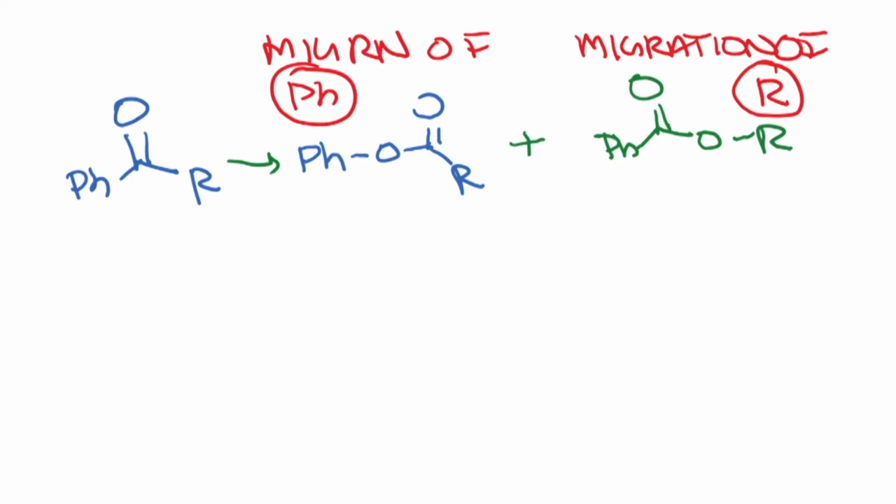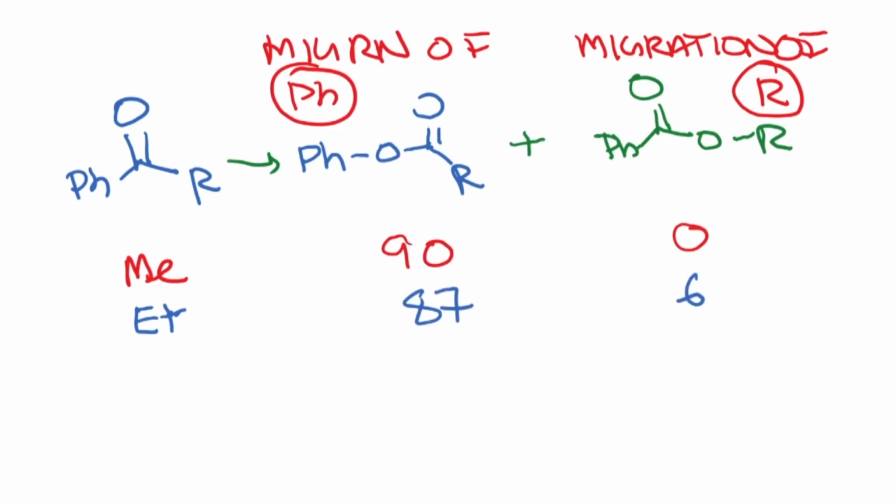Once I do this experiment, I can change R, so I can make it into methyl. R is Me, and then I do the reaction and find out how much of these two products are formed. In this case, the percentage is 90, and the other is 0. Now we do this with ethyl, that is R equals ethyl, and this is pretty much the same, 87 and 6.